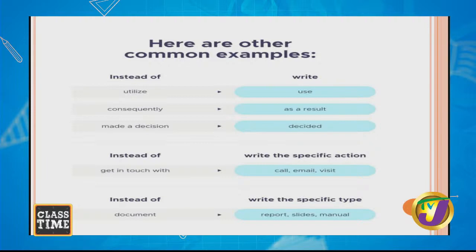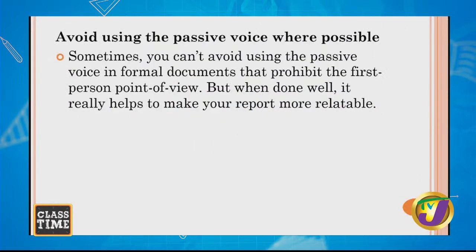All right? So use simple language, right? The simpler, the better. Avoid using the passive voice where possible. Sometimes you can't avoid using the passive voice in formal documents that prohibit the first person point of view. But when done well, it really helps to make your report more relatable.